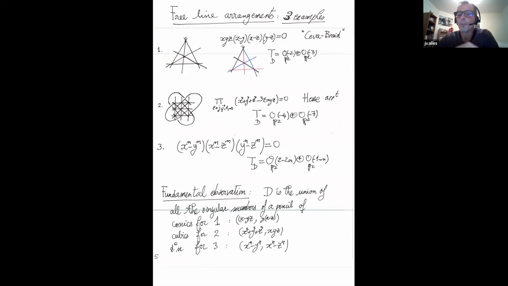If you take a pencil of curves of degree n, and you consider in this pencil all the singular members, and you take the union of all the singular members, it should be a free divisor, for some topological reason in some sense.